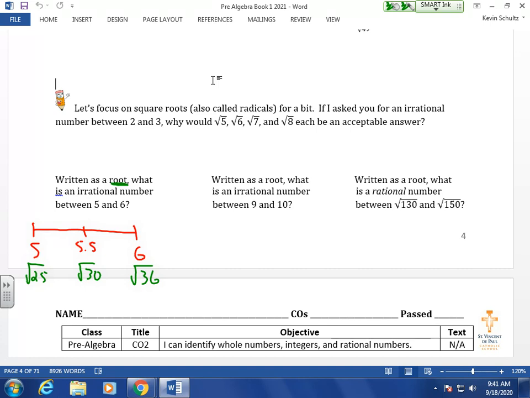The root of a number that would be between 5 and 6. 29. Root of 29, sure, right? Because that's between root 25 and root 36. So its value will be between 5 and 6. Give me another possible answer.